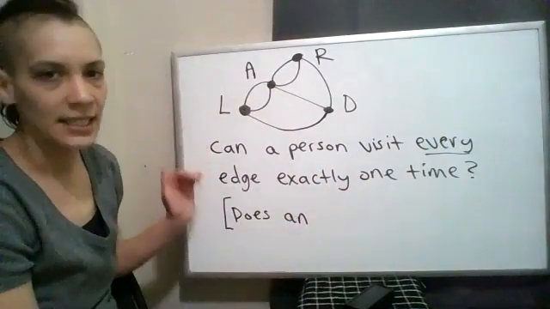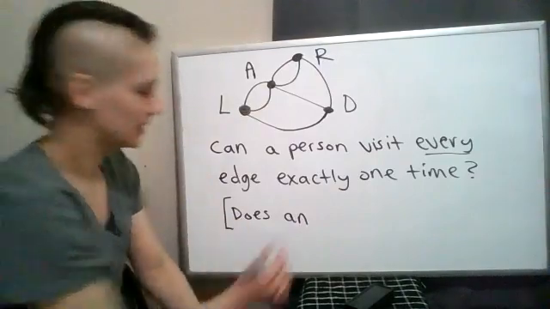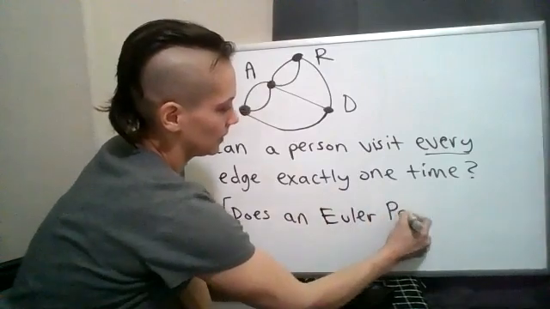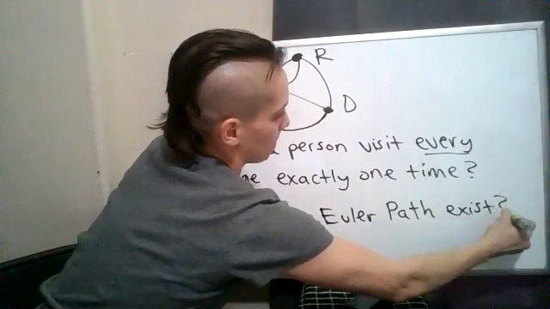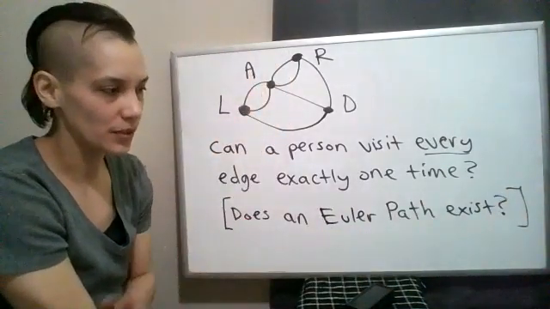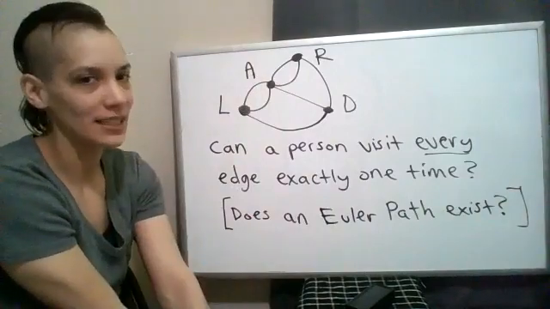So what this is asking is, can an Euler path exist? I just realized that there's two results that are useful, so we want to write those down, and then that's all of the stuff that we really need for the test.